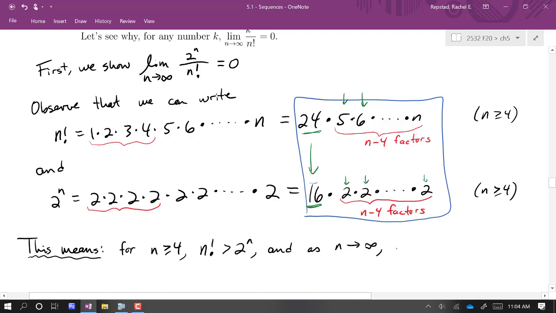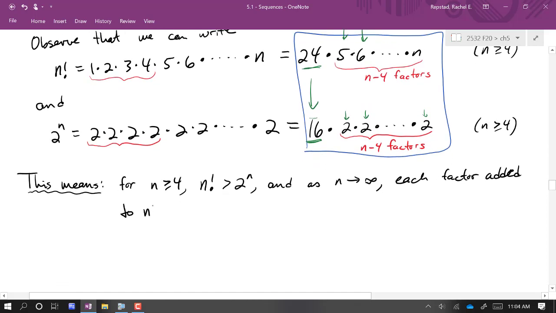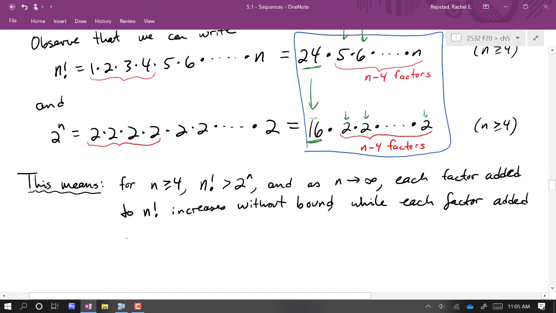So as n approaches infinity, each factor added to n factorial increases without bound, while each factor added to 2 to the n remains constant, in this case at 2.